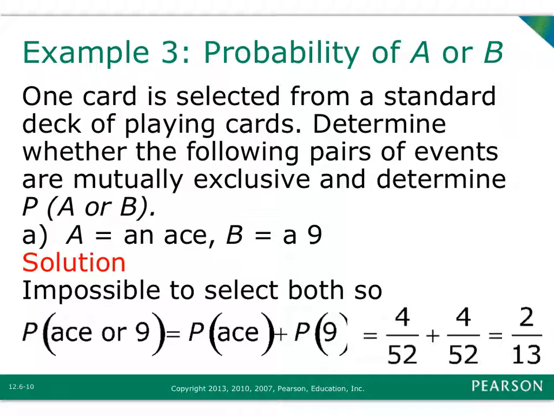So therefore, we have mutually exclusive events. The probability of getting an ace or a 9 for one card is equal to the probability of an ace plus the probability of a 9. That is 4 over 52 plus 4 over 52. If we add that, we get 8 over 52, which is 2 over 13.